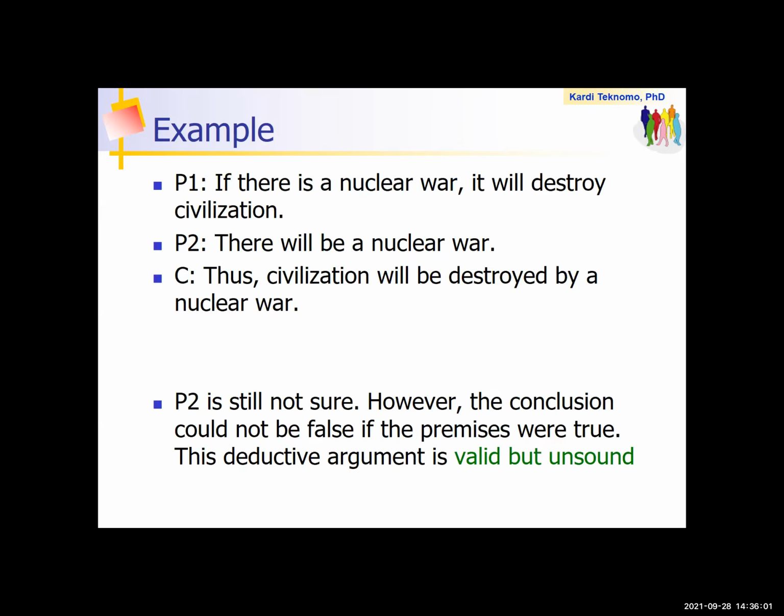Let's give another example here. First premise: if there is a nuclear war, then it will destroy civilization. Premise two: there will be a nuclear war. Thus, civilization will be destroyed by a nuclear war. While premise two is not sure, the conclusion could not be false if the premises were true.